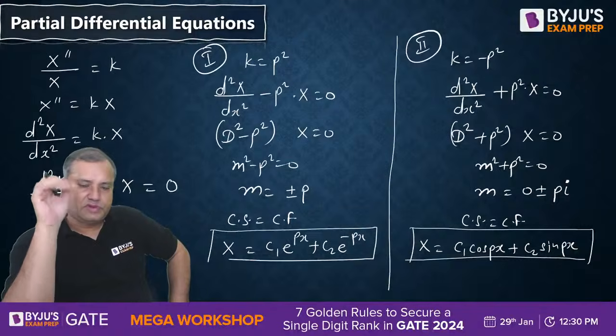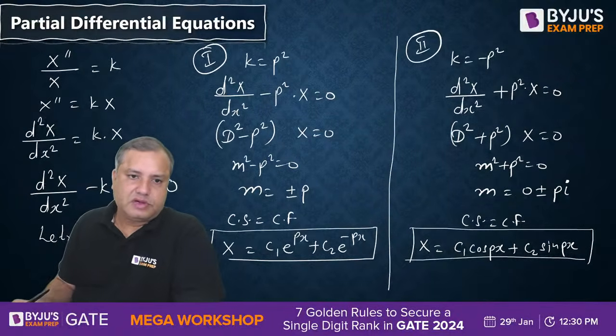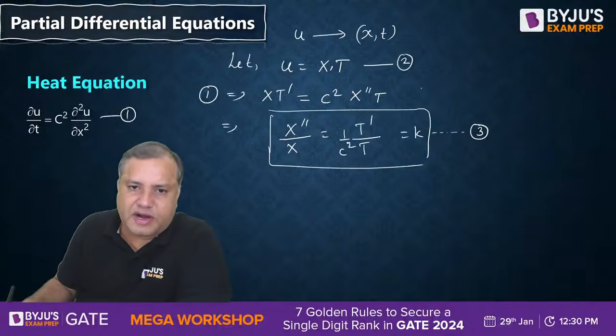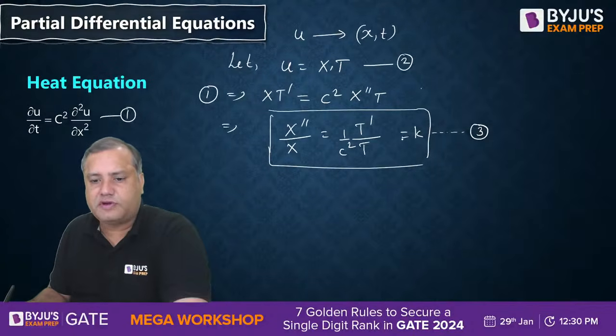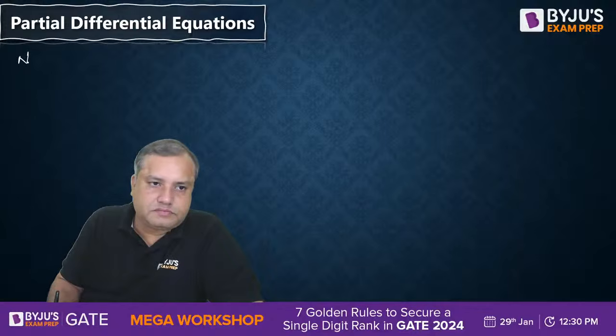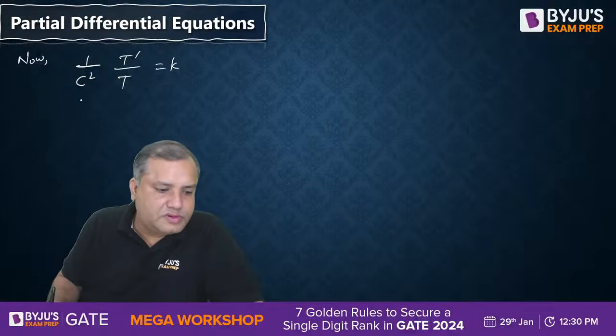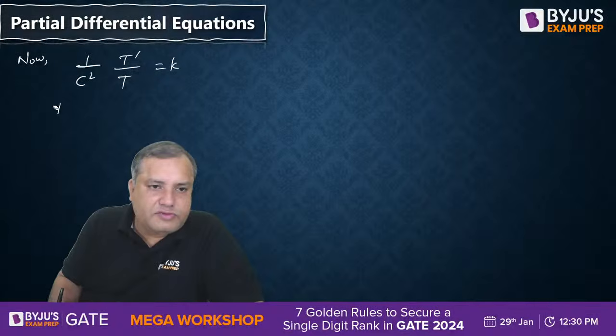Now this is okay. Now we will solve the another part. Another part is 1 by c square, t dash by t equal to k. So 1 by t is out.